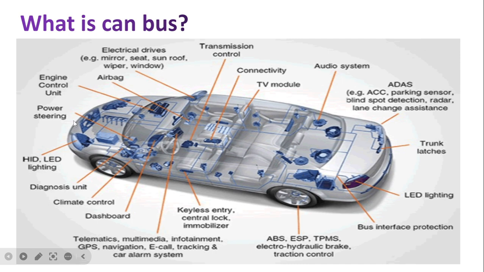Every device is connected to each other, just like our human brain. In the case of the human brain, he controls all the activity, he controls both our hands, both the legs, all activity that he wants and thinks, right? So just like that, the car has the ECU, electronic control unit, one main ECU, and it is connected to all sub ECUs. Just like this, the main ECU will be somewhere here, right?